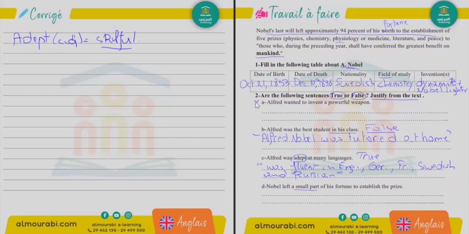It answers D: Nobel left a small part of his fortune. Is this true or false? It's false, of course. So what are you going to say? It's not a small part of his fortune, but 94% of his worth. So I would quote just as it is.